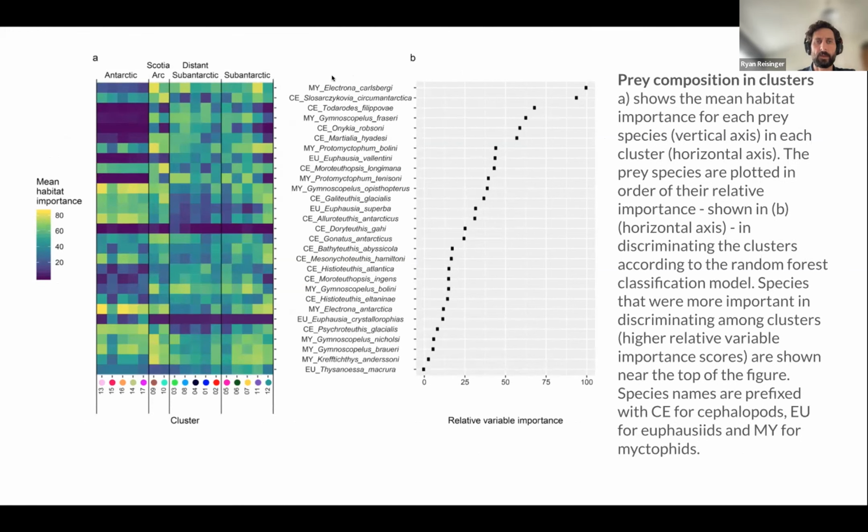We found that the most important species discriminating across all 17 clusters was the myctophid Electrona carlsbergi. Interestingly, Antarctic krill were not so influential. You can see them down here.